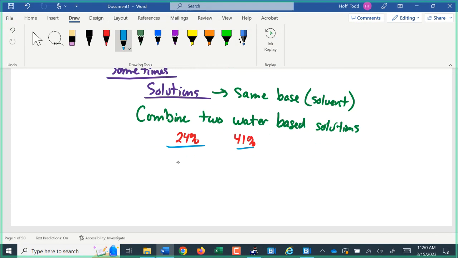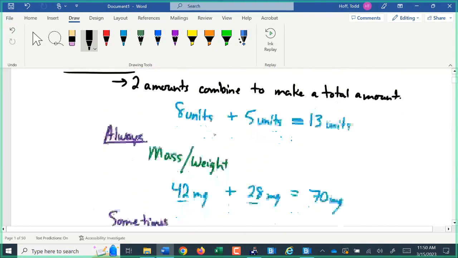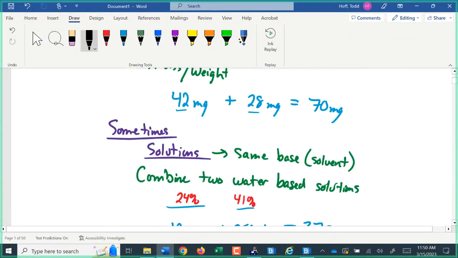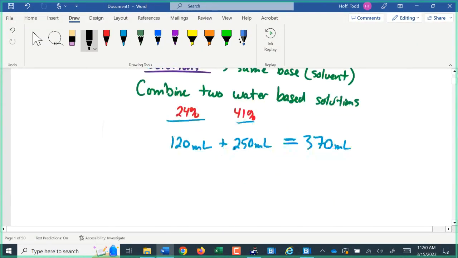Well, if I have 120 milliliters of the 24% solution, and I'm adding that to 250 milliliters of the 41% solution, they will add up to 370 milliliters. So sometimes additive is the volume of those solutions.